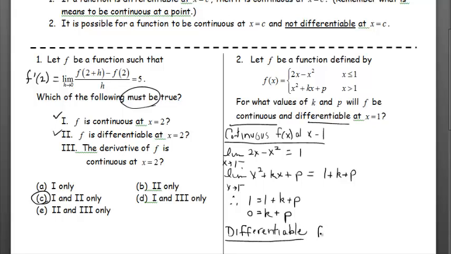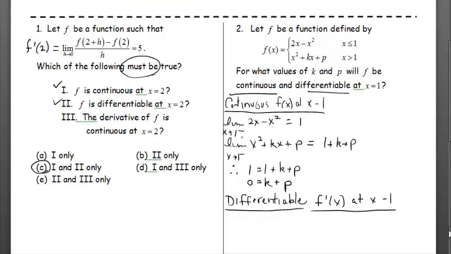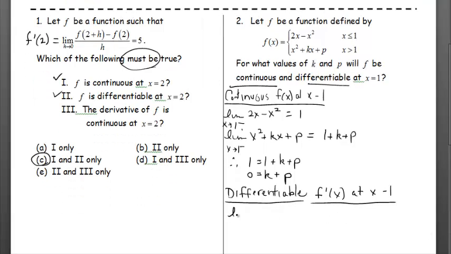So for differentiability, we're going to find the derivative of each piece and then plug in 1 to both derivatives. So the left slope, 2 minus 2x, plug in 1, you get 0.